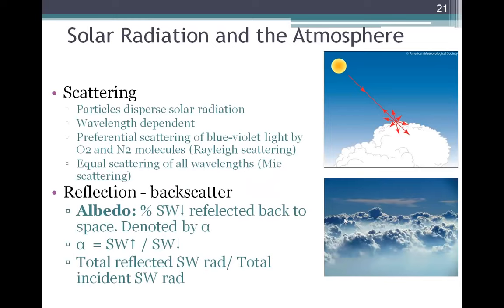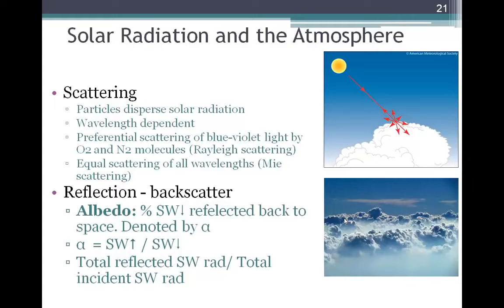Scattering is the process where solar radiation is redirected because of different atmospheric constituents that it encounters. These constituents can be gases or particles, and the scattering is wavelength dependent.